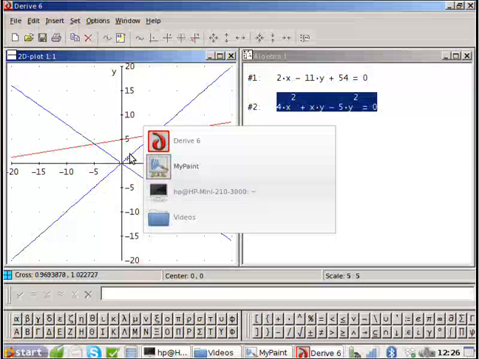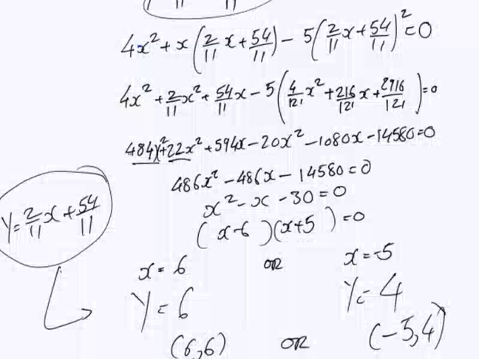So let's do that one. 2 divided by 11 times 6 plus 54 over 11, and you get 6. 2 over 11 times minus 5 plus 54 over 11, and you get 4. So the answer is 6, 6, or they also meet at minus 5, 4.